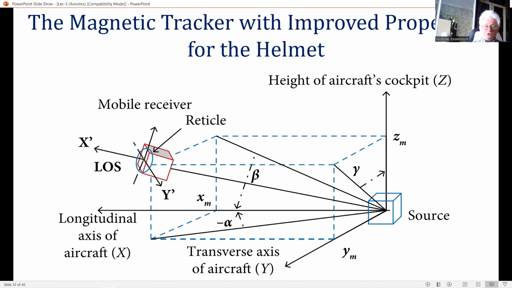The radiator volume is typically about 16 cubic centimeters or 1 cubic inch, and weight about 28 grams or 1 oz, excluding installation. Angular coverage of the magnetic type of head tracker is typically around plus minus 135 degrees in azimuth, and plus minus 85 degrees in elevation.